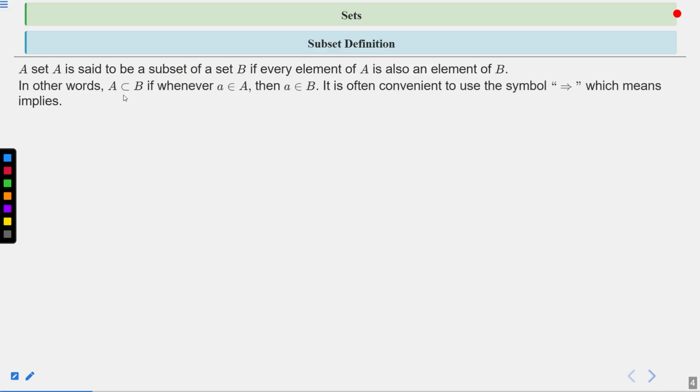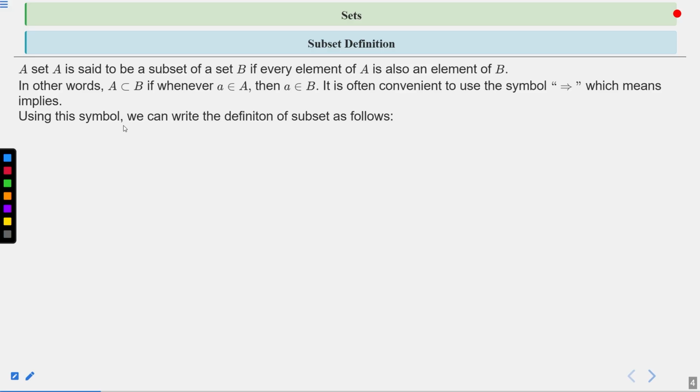In other words, simply the notation is this. A subset B, so we read it as A subset B. Meaning every element belonging to the set A also belongs to the set B. Clear? So we often use this imply symbol.